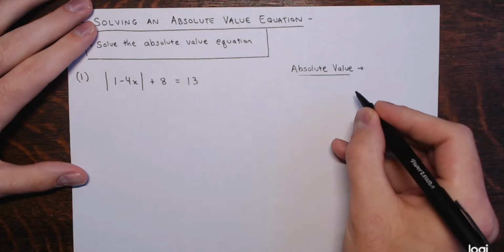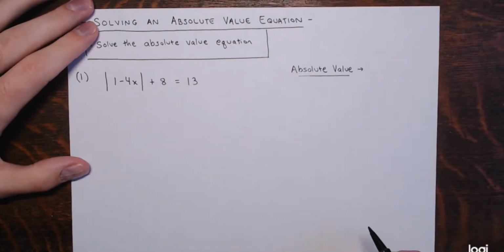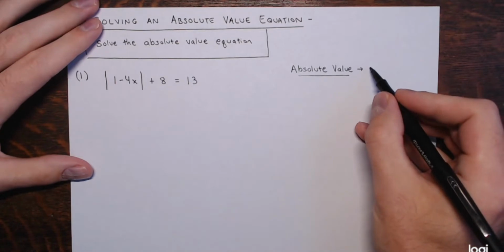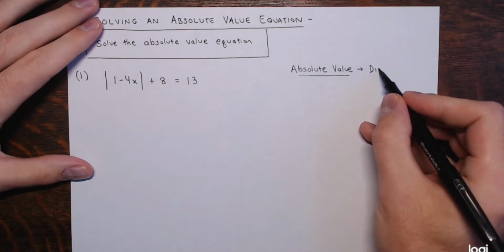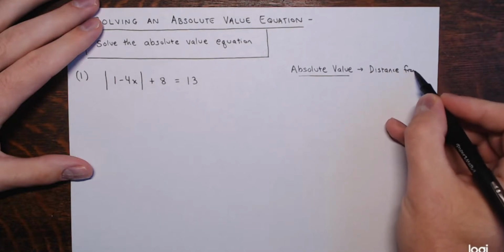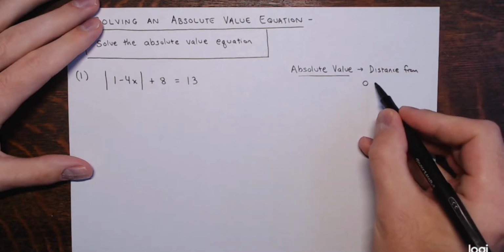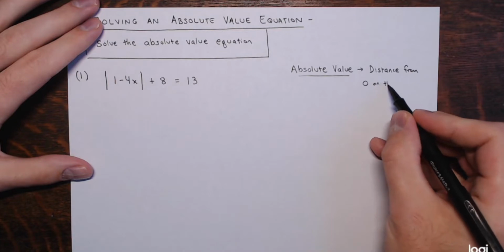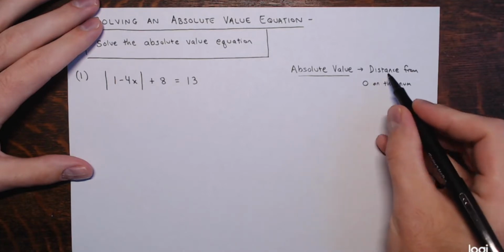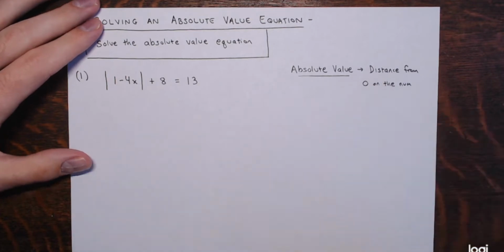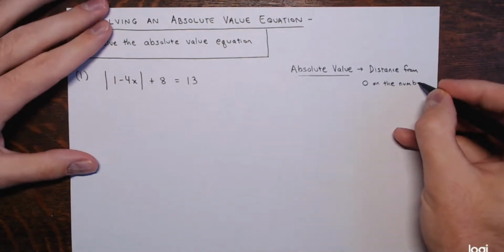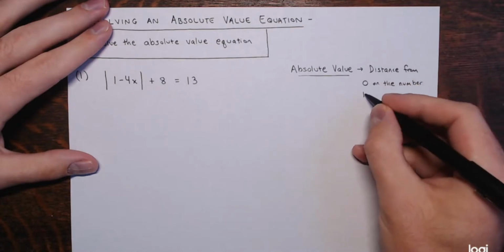The absolute value of a real number, you could think of it as the distance from 0 on the real number line. And when we're talking distance, we're talking something that's non-negative. Right? Distance should be non-negative.